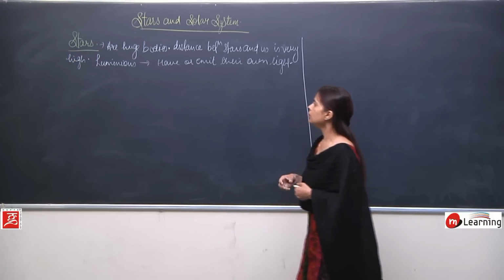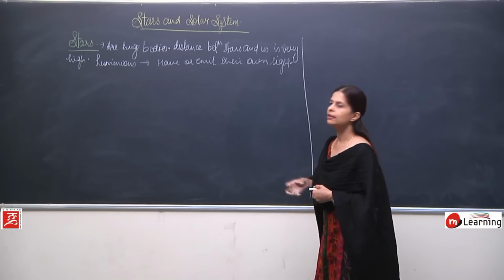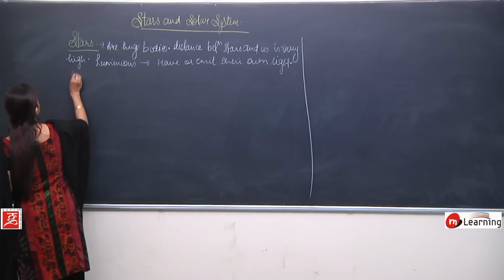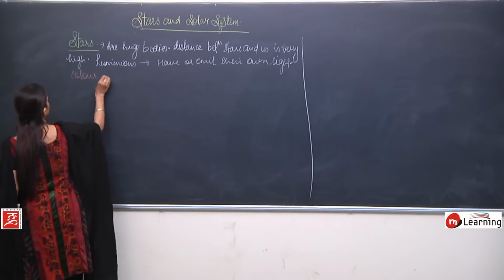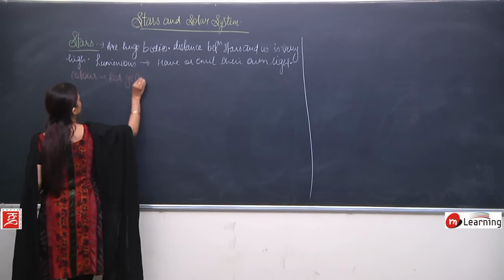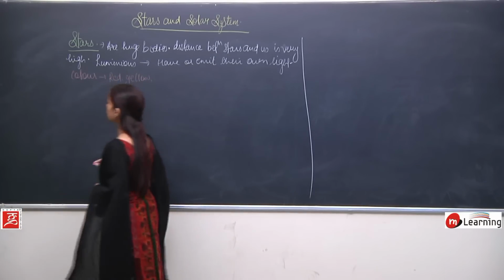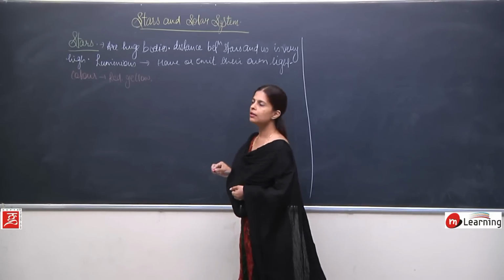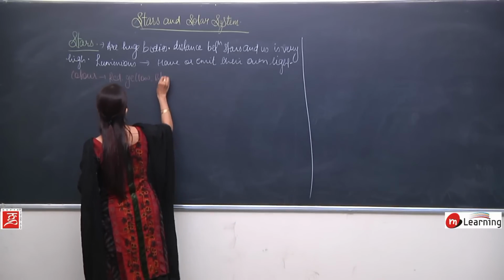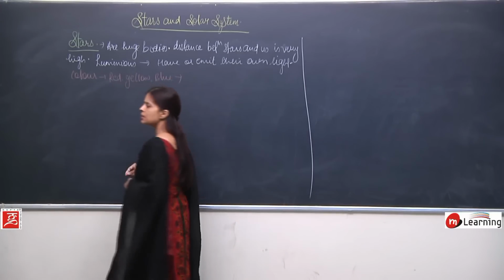Now, when we talk about the colors of these stars, the colors of the stars can be red, yellow, or blue, different colors can be there. So all these colors depend upon what?